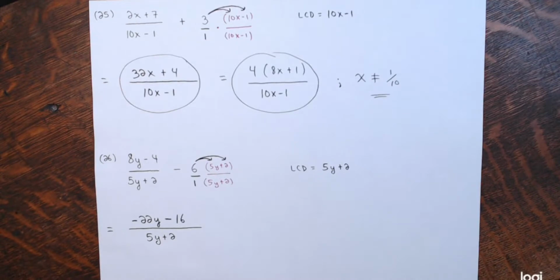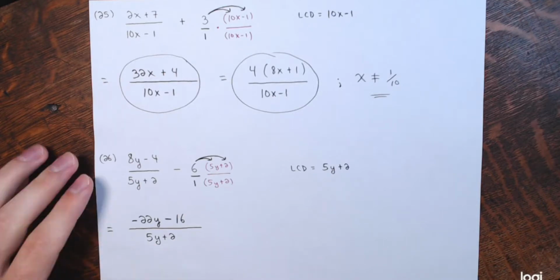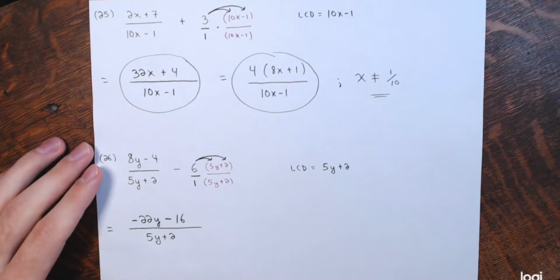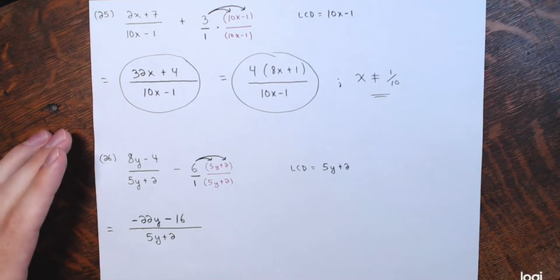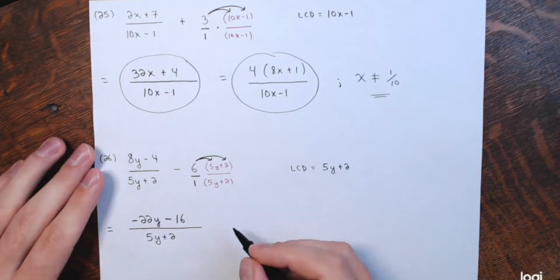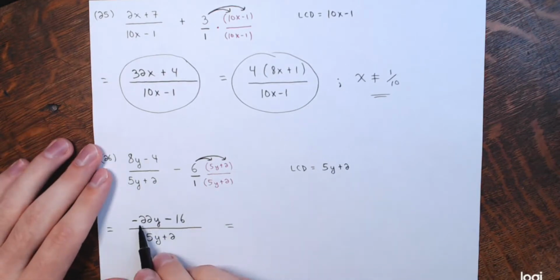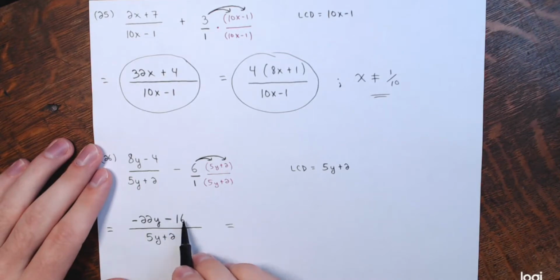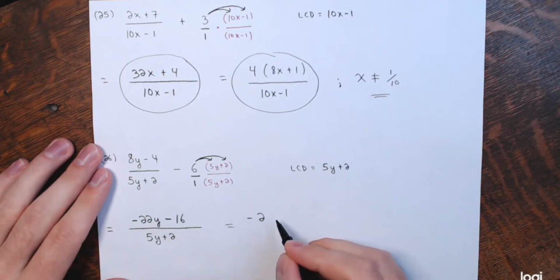Okay, great. So wonderful. Now let's see if this simplifies any further, right? Now that I have a single fraction, let's see if we can factor the numerator and factor the denominator. Now the denominator is already factored, right? I'm just trying to see if the numerator has a common factor. Well, lead coefficient's negative in the numerator, so I'm going to pull out a negative, and the common factor of these two is 2, so I'm pulling out negative 2.